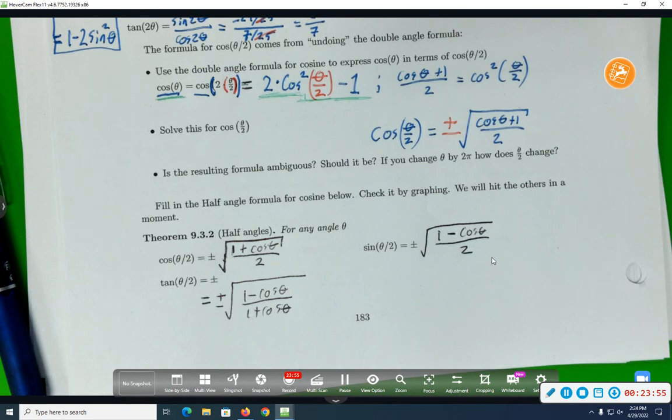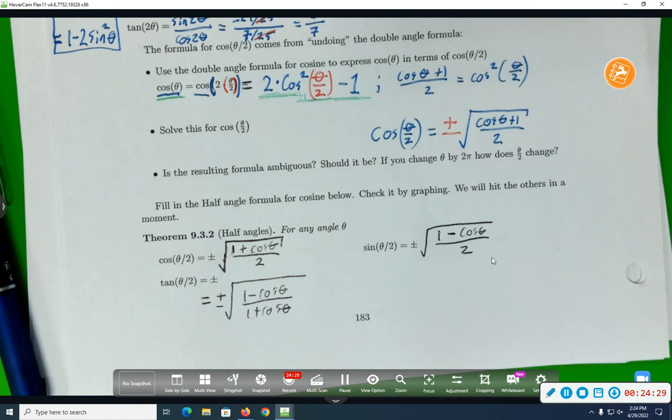In the meantime, I'm going to take those formulas, I'm going to put them on the board, and then we'll use them to do some stuff. All right, they're there.